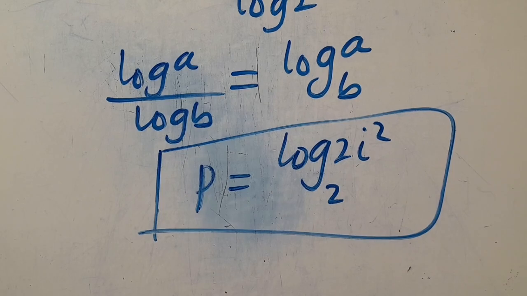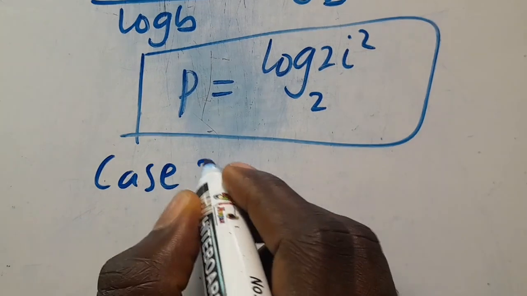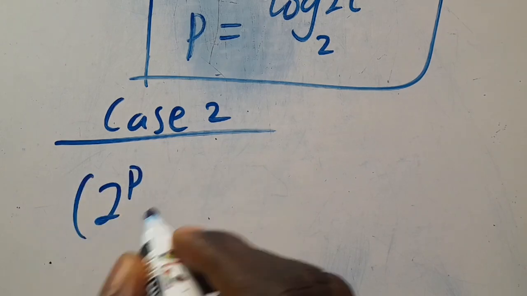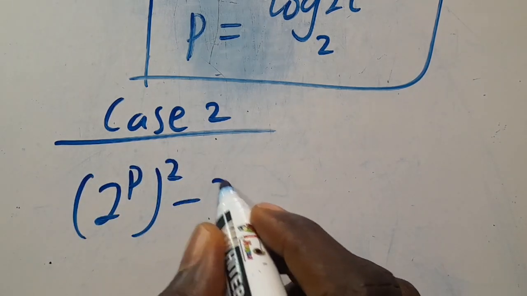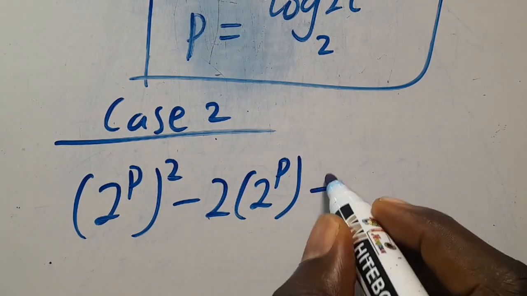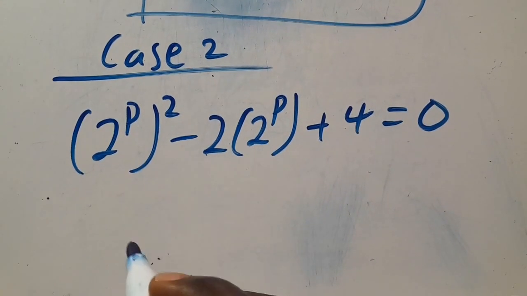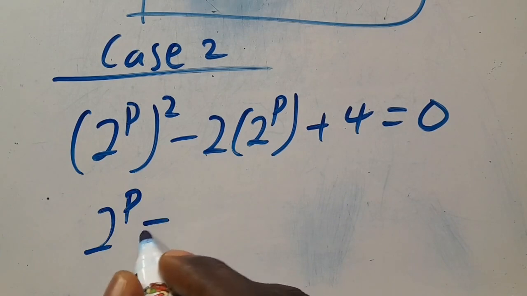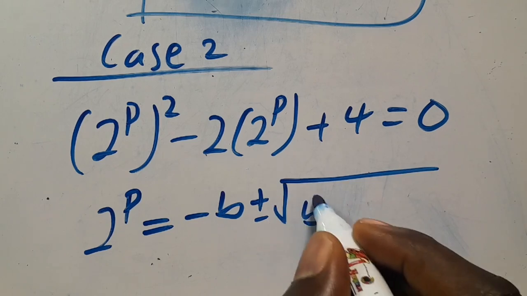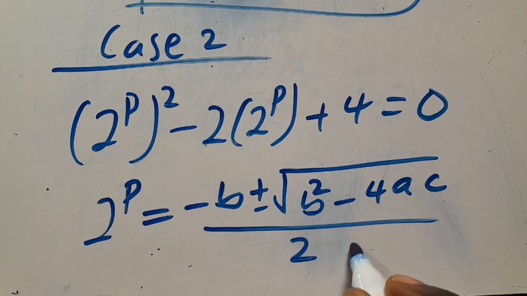Let's go along with case 2. So for case 2, we have (2 to the power of p) all squared minus 2 multiplied by (2 to the power of p) plus 4 equals 0. We can solve this using the quadratic formula, where 2 to the power of p equals minus b, positive or negative, square root of b squared minus 4ac, all divided by 2a.